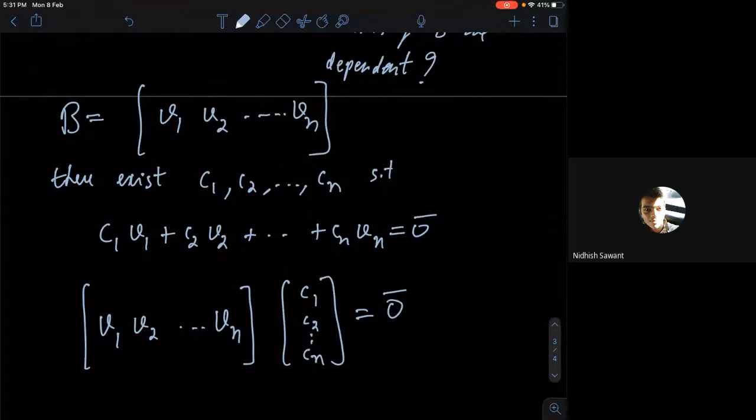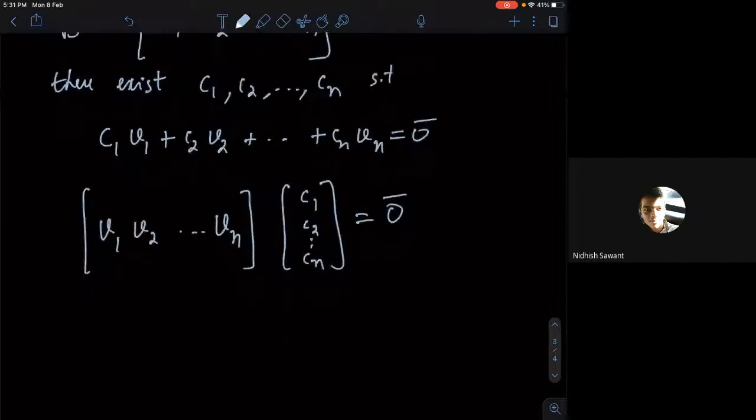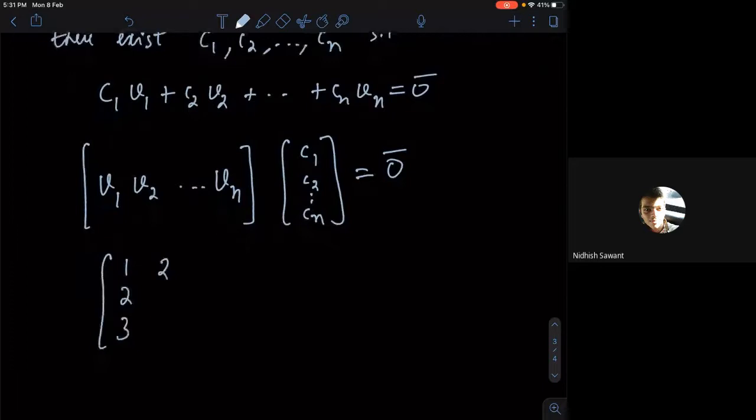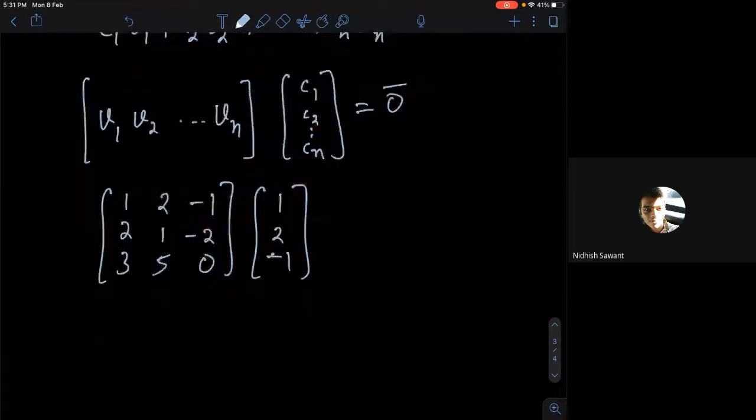This is why I have been talking about how you see a matrix-vector multiplication. How do you multiply these two? Let me write an example: the matrix with rows 1, 2, 3; 2, 1, 5; minus 1, minus 2, 0, times the vector 1, 2, minus 1. How do you do this multiplication?